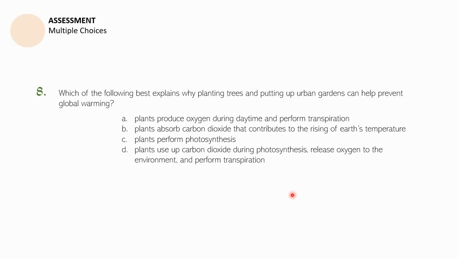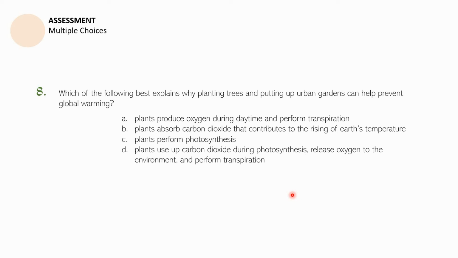A, plants produce oxygen during daytime and perform transpiration. B, plants absorb carbon dioxide that contributes to the rising of Earth's temperature. C, plants perform photosynthesis. D, plants use up carbon dioxide during photosynthesis, release oxygen to the environment, and perform transpiration.